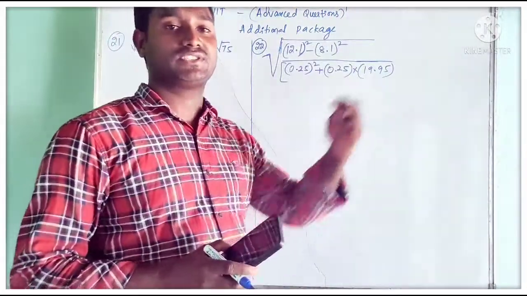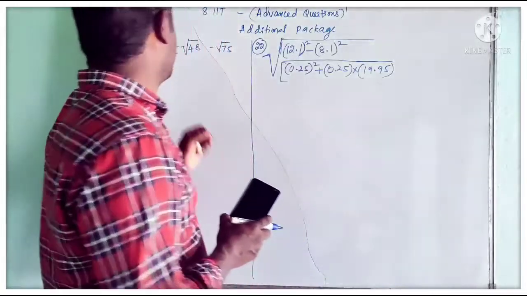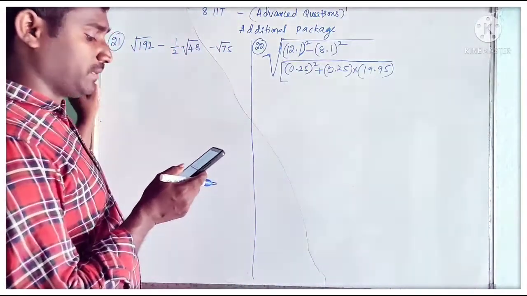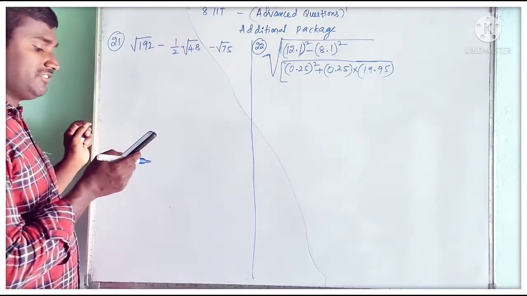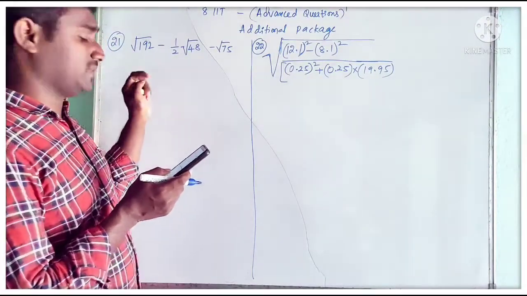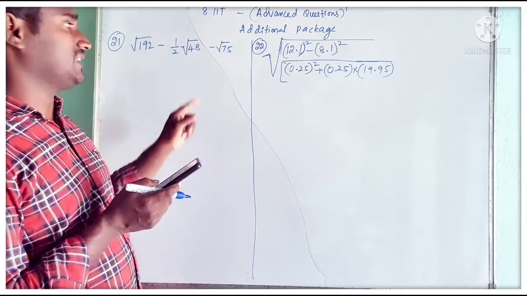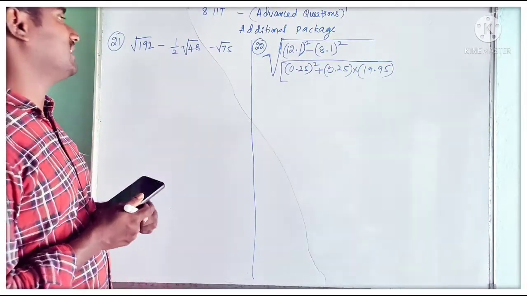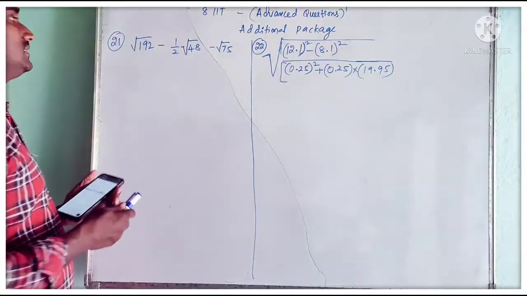Now I am going to discuss from question number 21. If root 3 equals 1.732, find the value of root 192 minus 1 by 2 root 48 minus root 75. I am writing the given numbers like this.